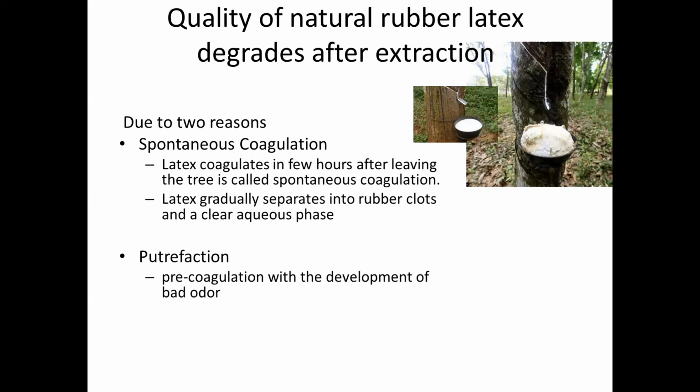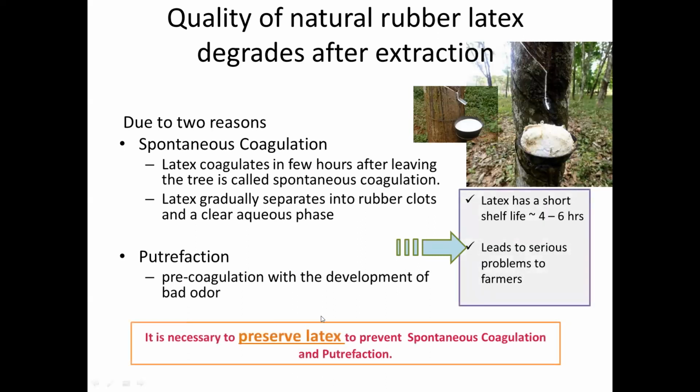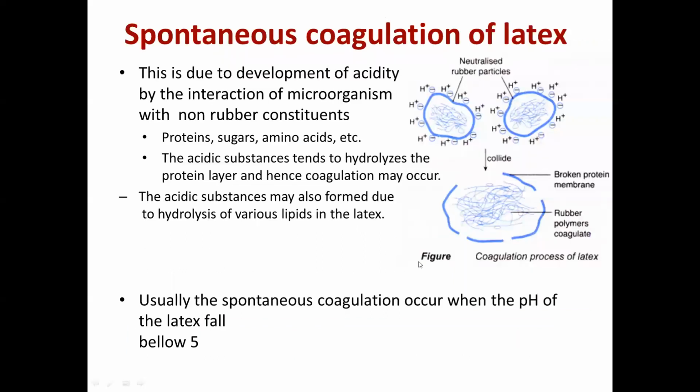So spontaneous coagulation is the step of this one. In the putrefaction, if you keep on letting this lump be in the cup, the development of bad odor is always with the bacterial activity.